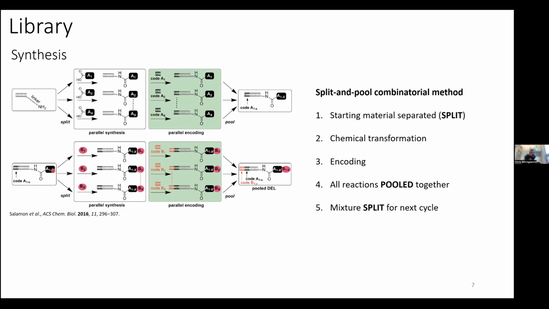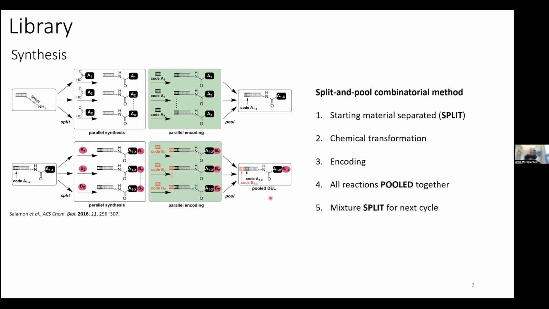So by doing that, in each of these wells, we have a population of these conjugates that are going to react with each building block we use. And then, of course, using some enzyme like T4 DNA ligase in order to do the ligation, we complete the second cycle and we pool everything together. If this is a 2-cycle library, we stop there. If we need to add more cycles, we continue in the same way.